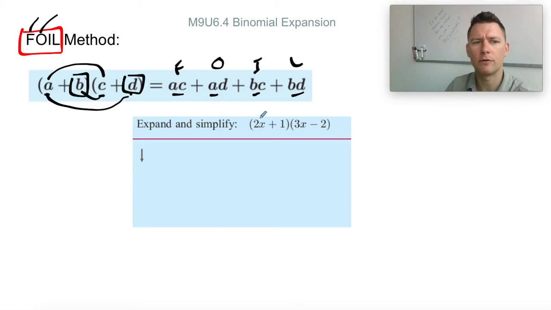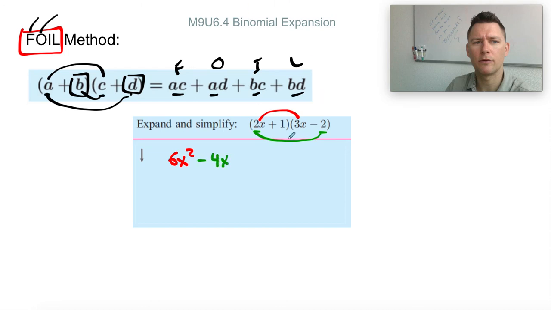So really, I'm going to multiply this by this, the first, and so this should be 2x times 3x, so 6x squared. Outer, the outermost ones, this and this. So this is 2x times negative 2, so negative 4x.